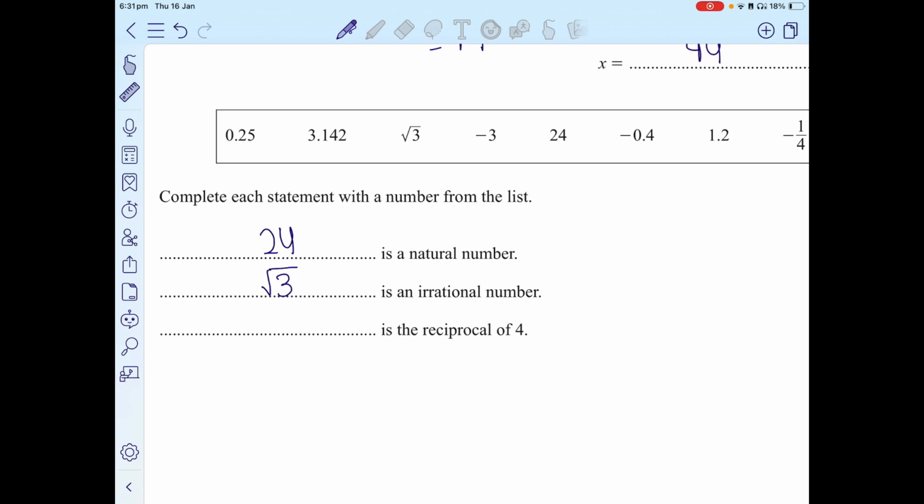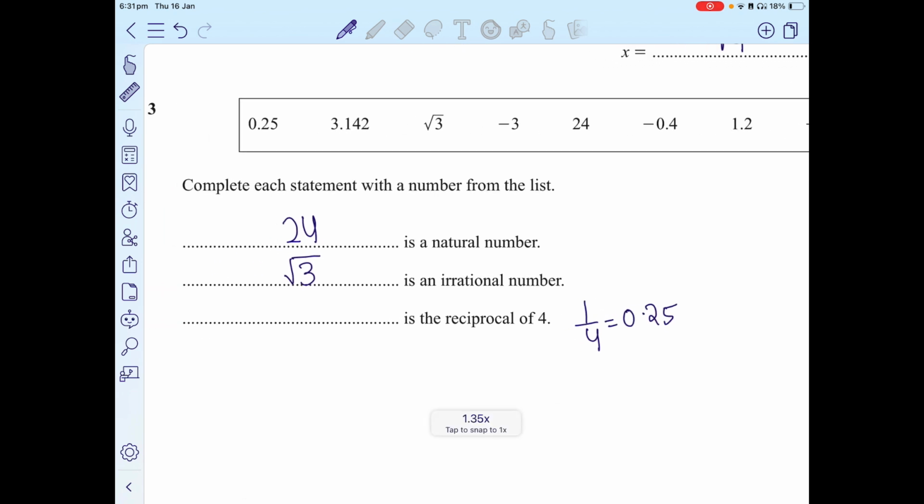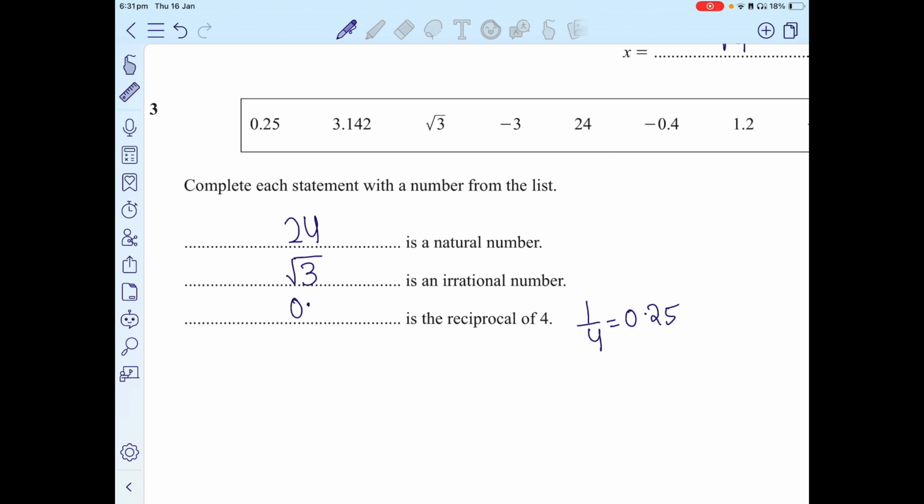The reciprocal of 4: the reciprocal of any number is basically 1 over that number. So 1 over 4, do we have 1 over 4? We have 0.25, which is on the list, so we're just going to use 0.25. And there we go, question number 3 is done.